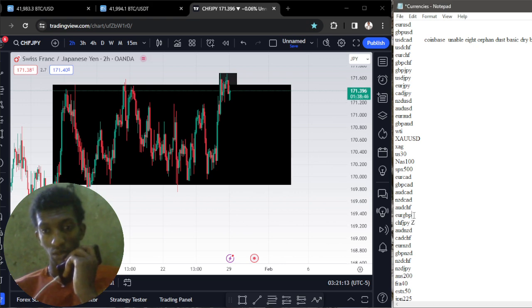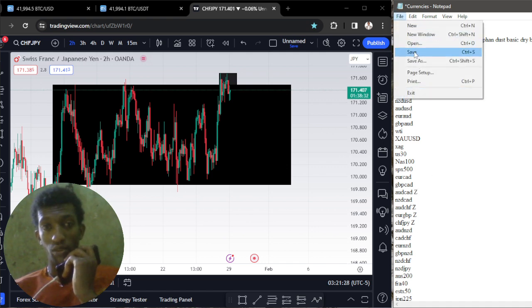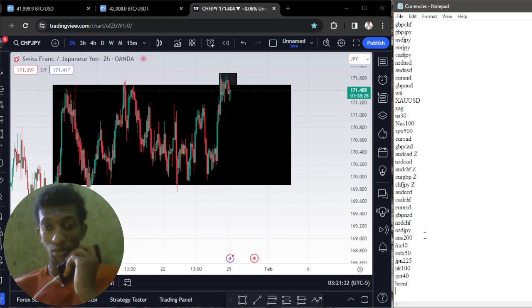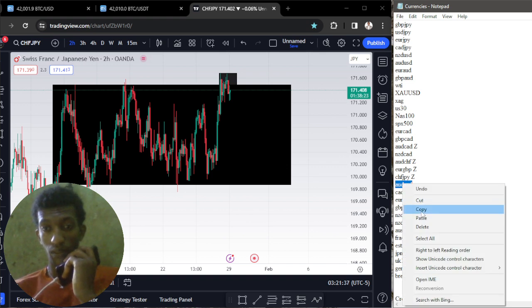Euro Pound has another trade. Aussie Chef has another trade that we are waiting for. And Aussie CAD has another trade too. These are symbols for be cautious, right? Next we will see Aussie Kiwi.